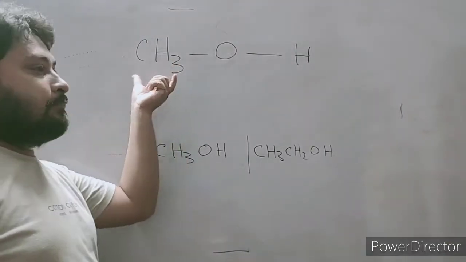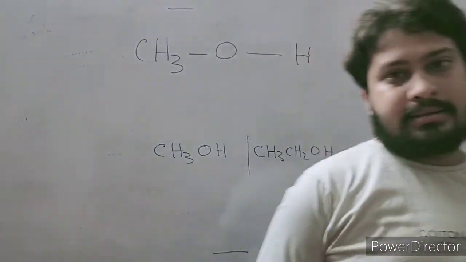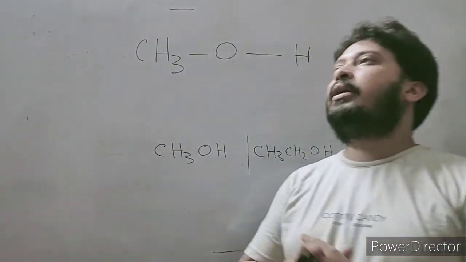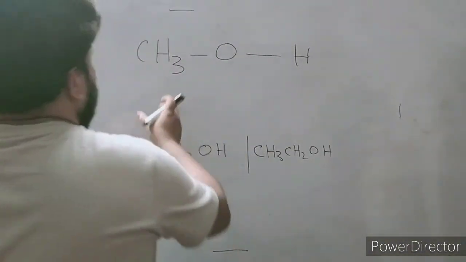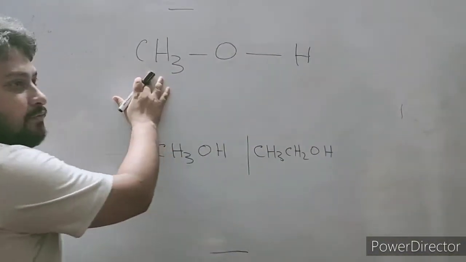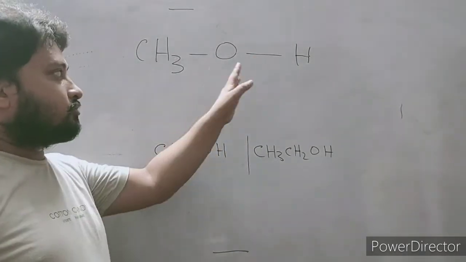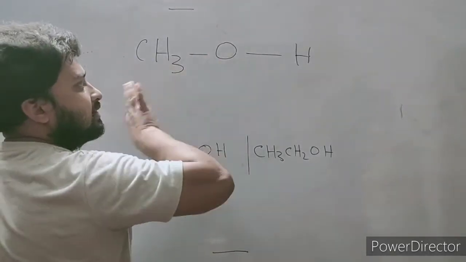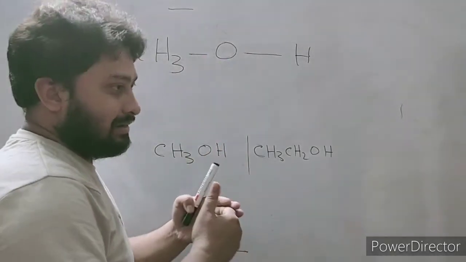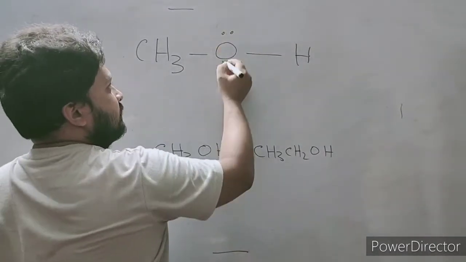It can act as delta positive, or it shows plus I effect. That means CH3 has a tendency to push the electron towards the oxygen. So the electron density on oxygen increases.